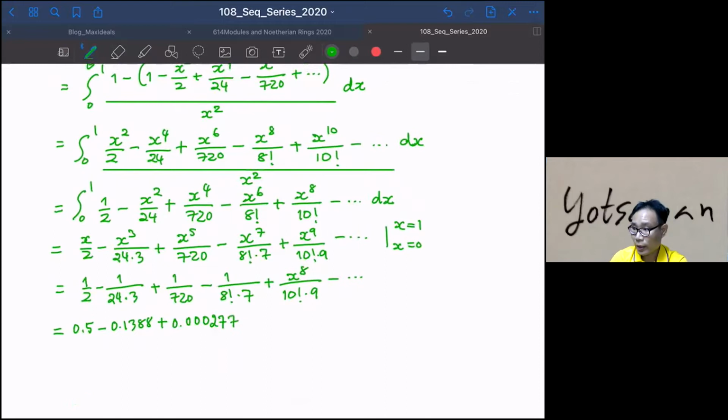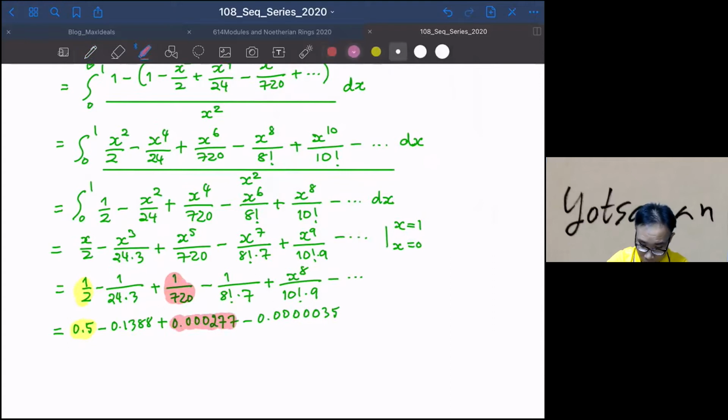And the next one is going to be 0.00027, and you have minus 0.1. Okay, so you see, let me highlight. This one is 0.5. The second one is here. The third one is here.